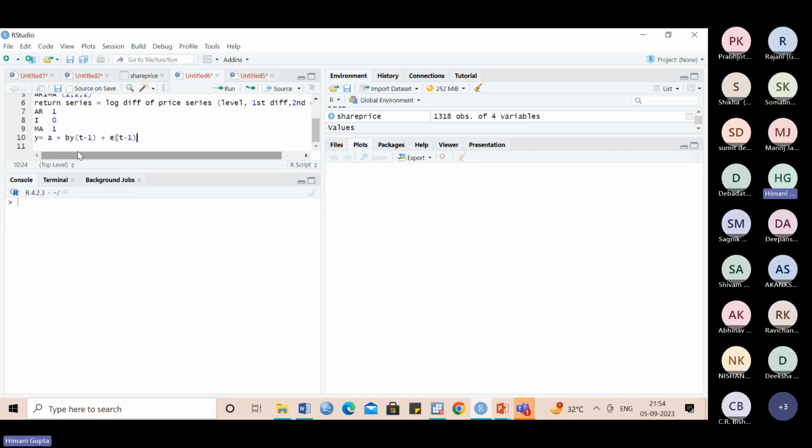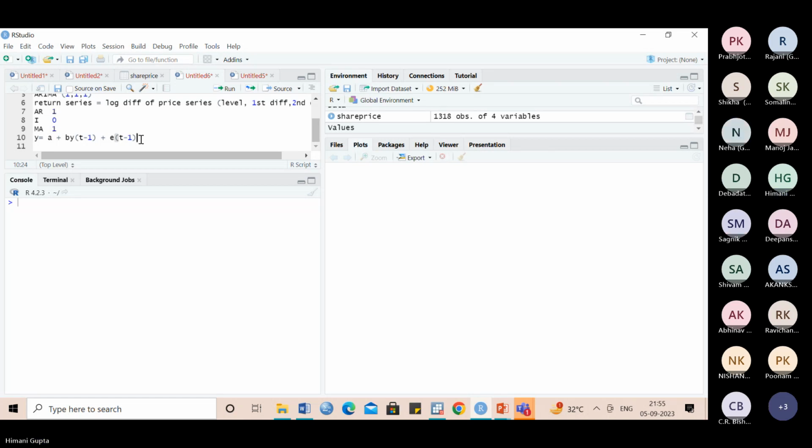Now what I'm saying here is that y is depending on the lag of its own term and the lag of some error term. Now just tell me whether this is a regression equation or not. Yes, ma'am. This is a regression equation.